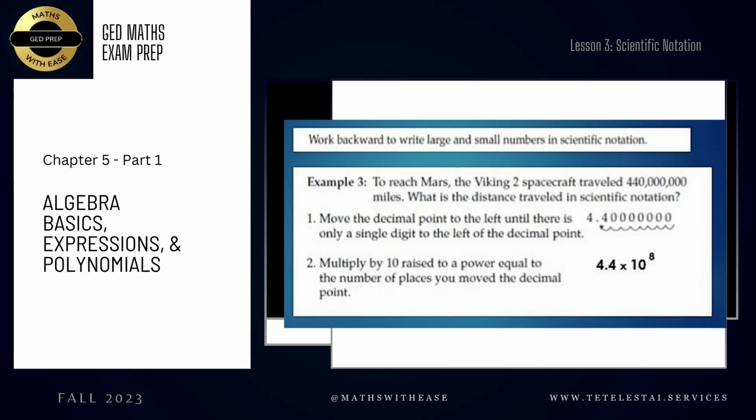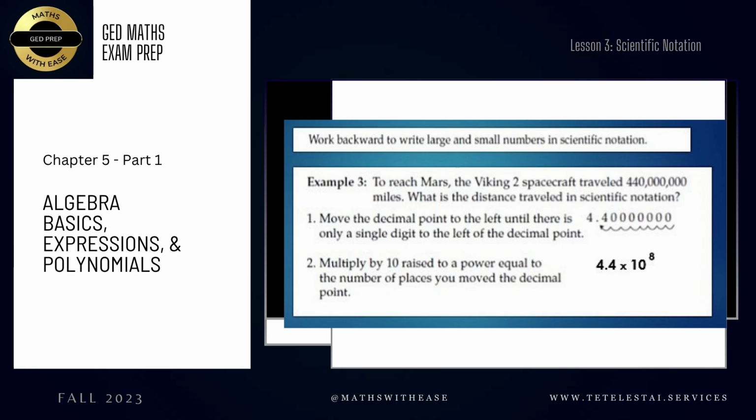So when this is telling you to work backwards, it's telling you that when you're dealing with a whole number, take that imaginary decimal point and then work backwards until you reach the number that only has a single digit to the left of the decimal point. You stop right here, and then you would report your scientific notation as 4.4 times 10 raised to however many places that you moved your decimal place. Okay? In this case, that happens to be 8.